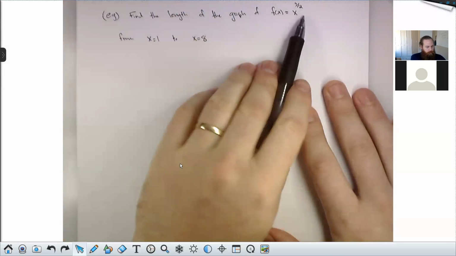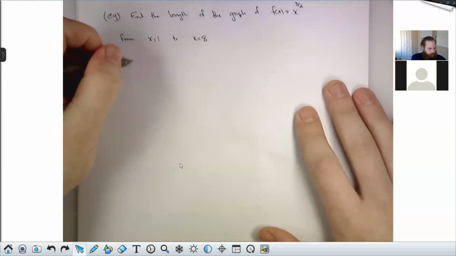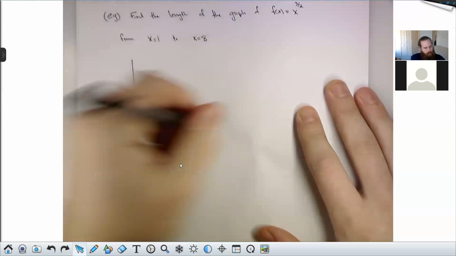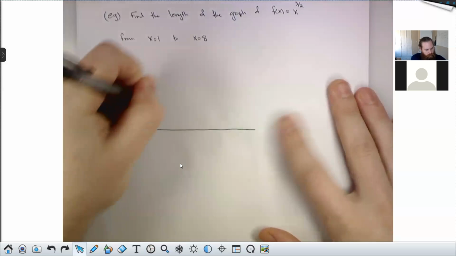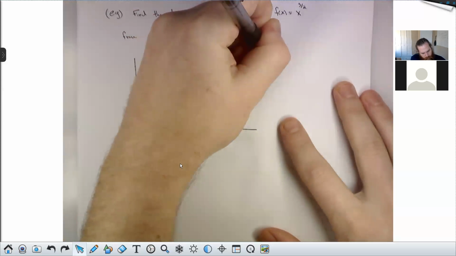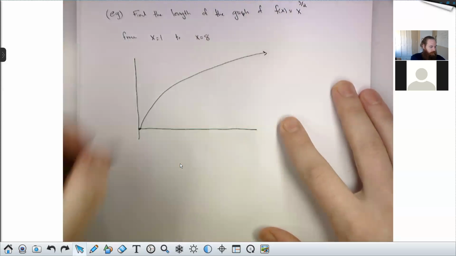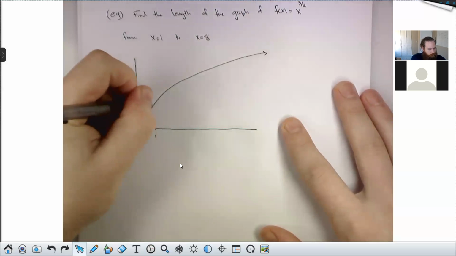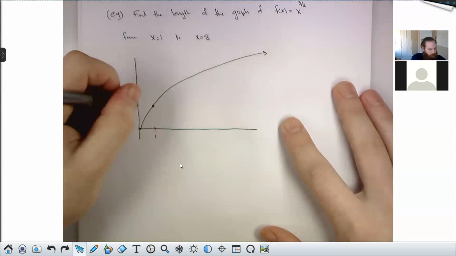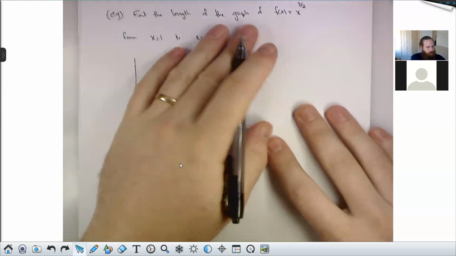So the graph of x to the 3/2 is this sort of cusp thing. Looks a bit like this. X equals 1 would be like right here. The point is 1, 1.